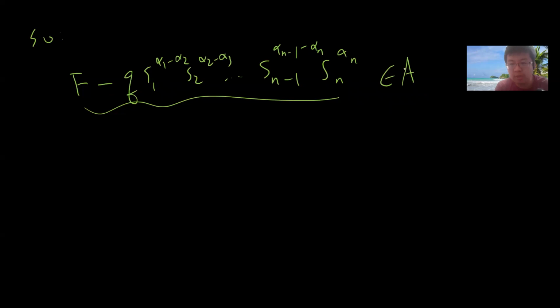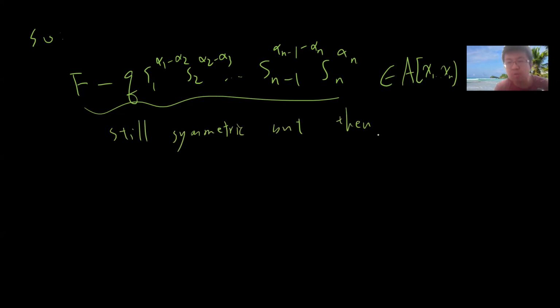Because this guy is symmetric, still symmetric. But then the highest term disappears, and you can keep going.